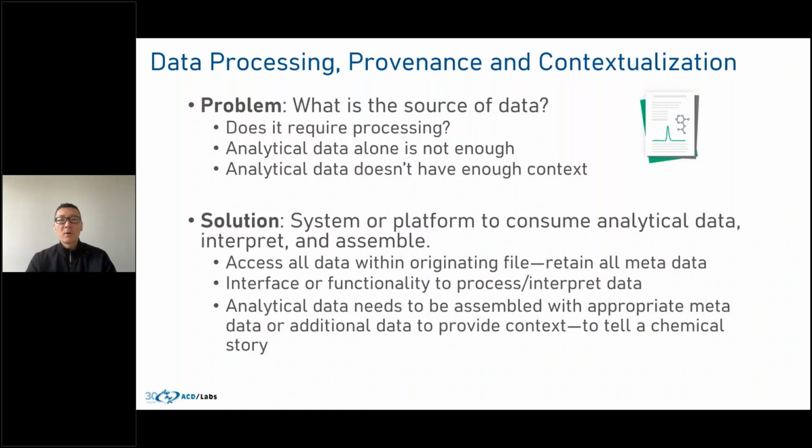So it's more than just being able to extract data and present it to the data consumer. You really need that data to be contextualized and assembled for the actual data consumer, whoever they are, whether it's a data scientist or the chemist in the lab.